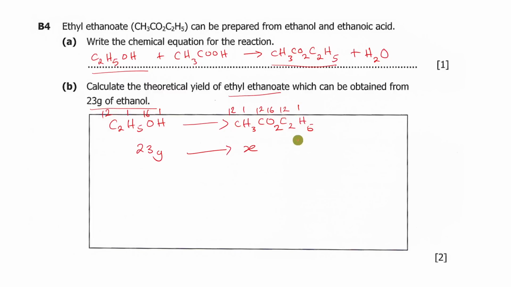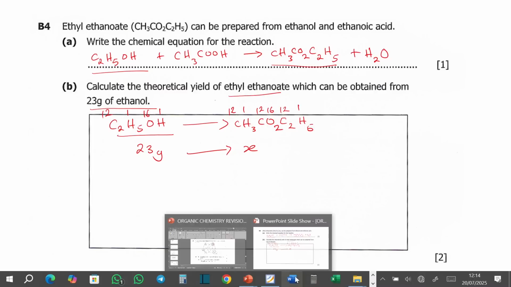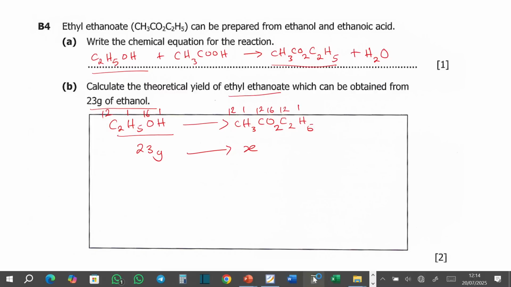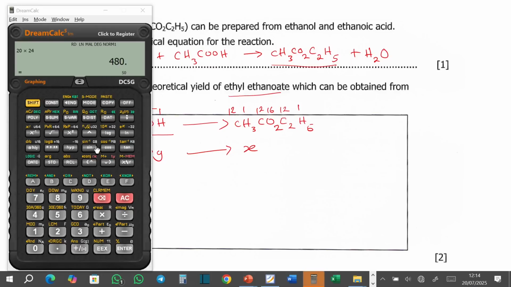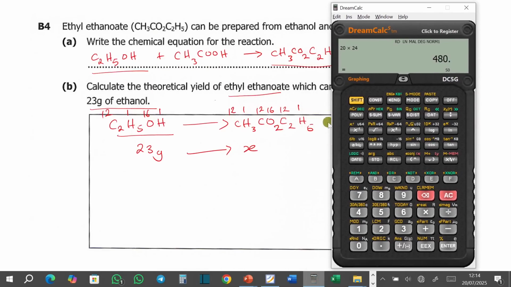I'm starting with the molar mass of ethanol. Let me just use a calculator directly, so that we help each other.